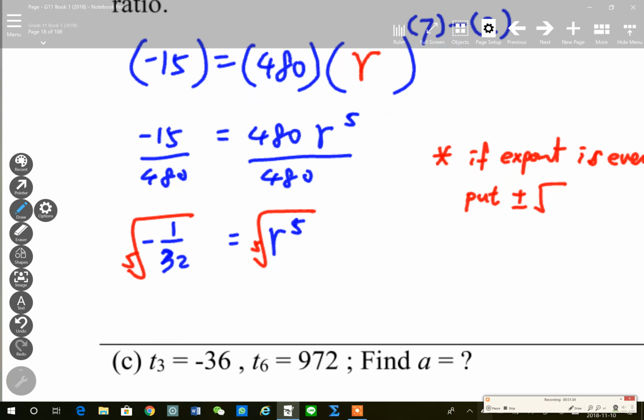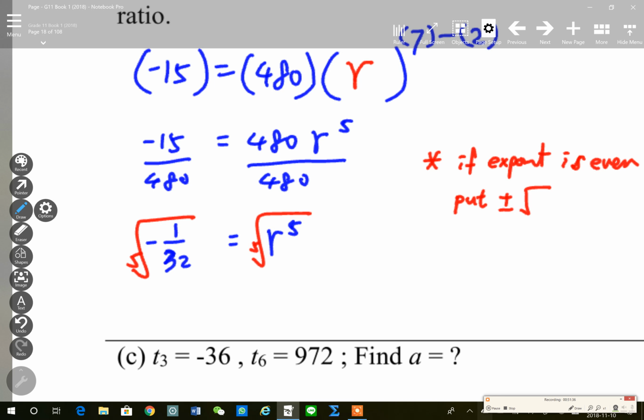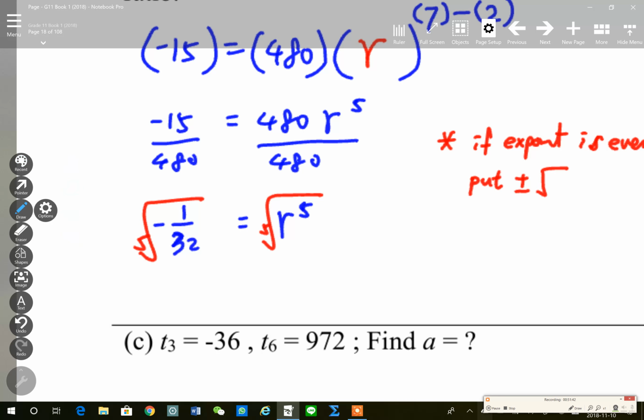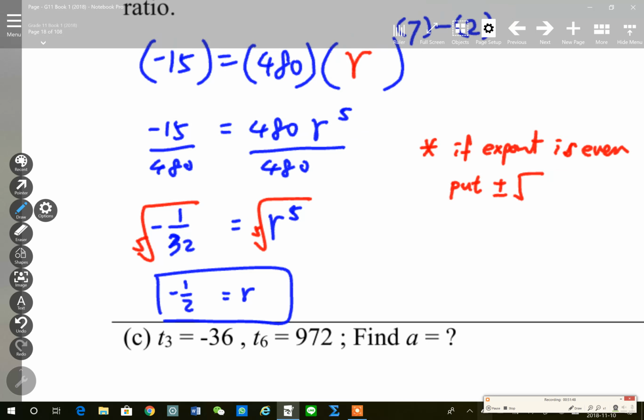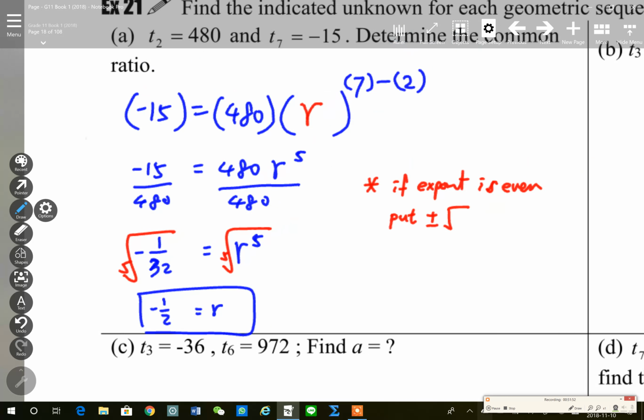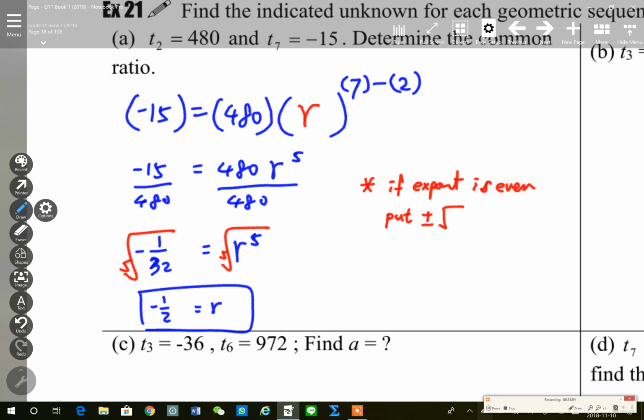So this one is odd, we don't need plus minus. What's the fifth root of 1 over 32? 1 over 2, negative 1 over 2. So that's the ratio. Is that easy? If you have no questions, we'll have a break.